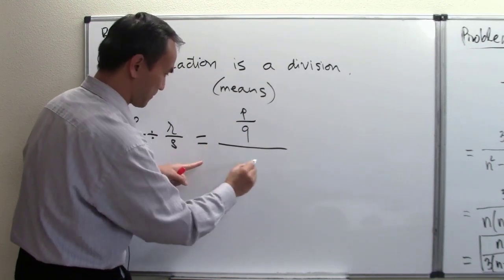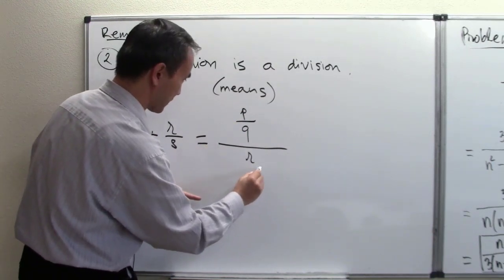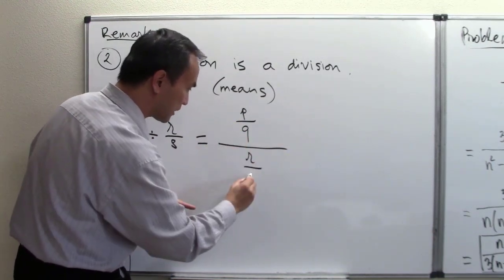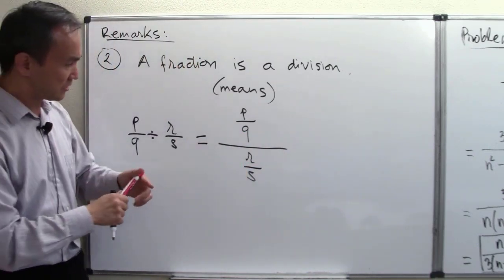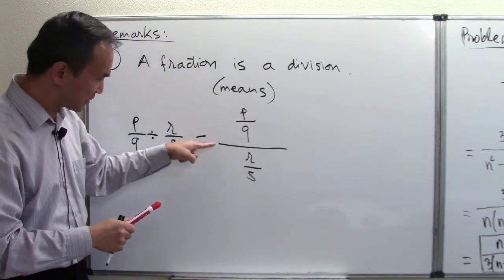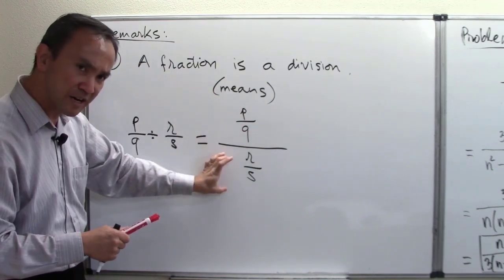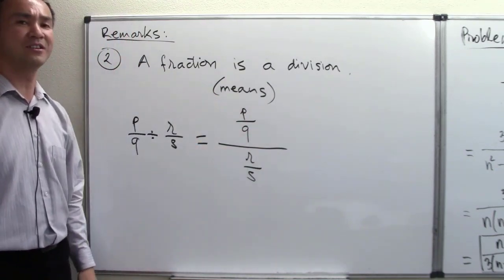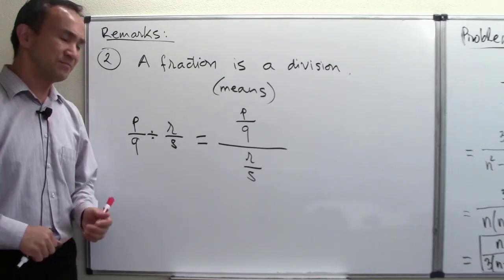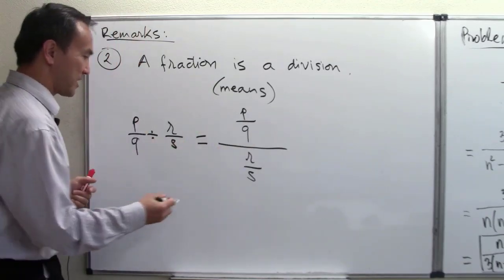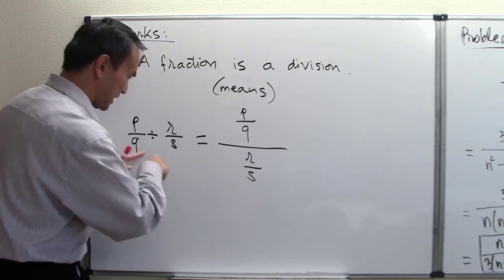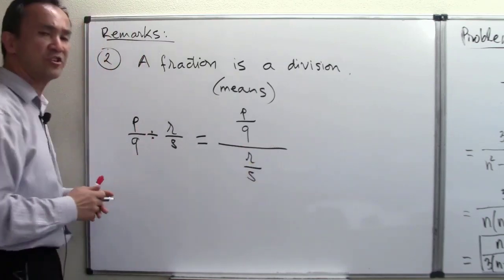So we have the following expression: p over q all over r over s. See, if you look at that a little more closely, this is a fraction where the numerator is a fraction and the denominator is another fraction. All right, so that's another remark for everyone to understand. And so the equal sign here means these two are the same. It turns out the same result.